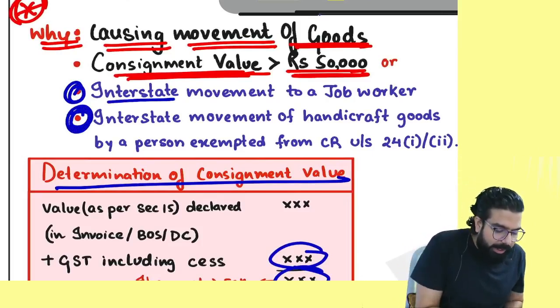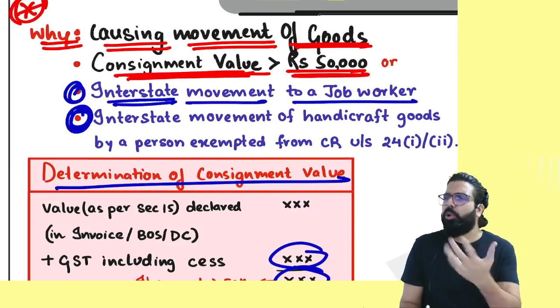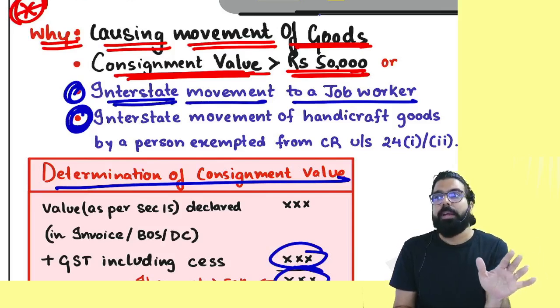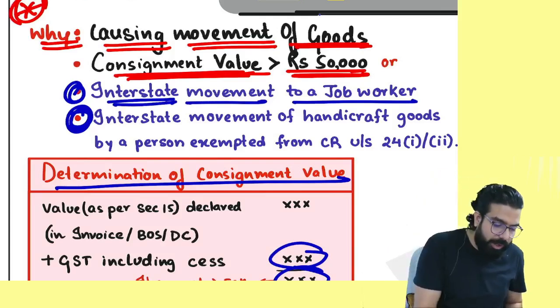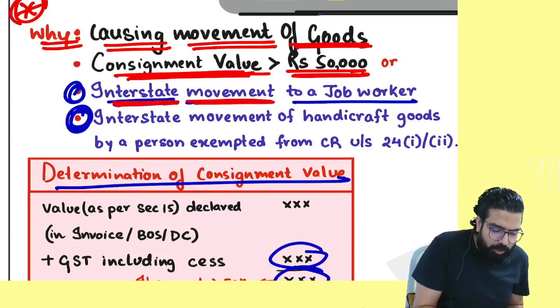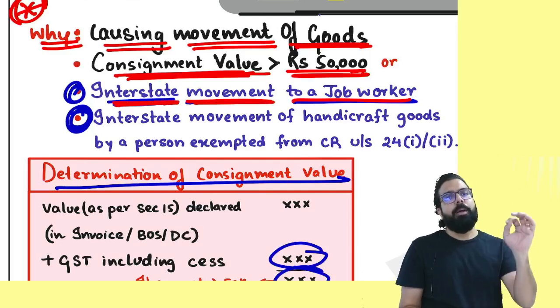Remember, number one, interstate movement to a job worker. You don't see the value. Interstate movement to a job worker, the e-way bill is always mandatory.